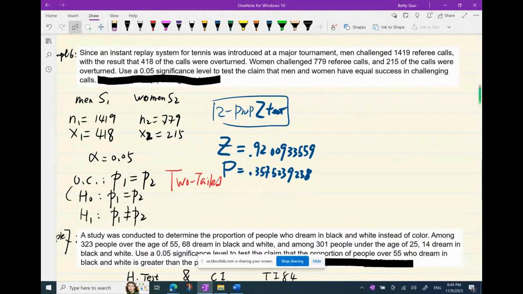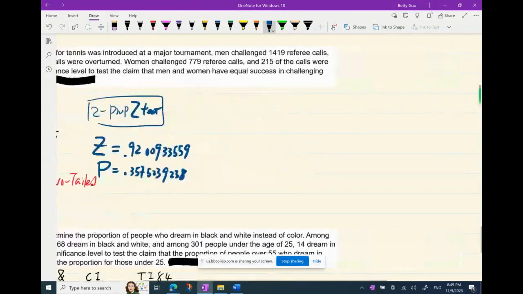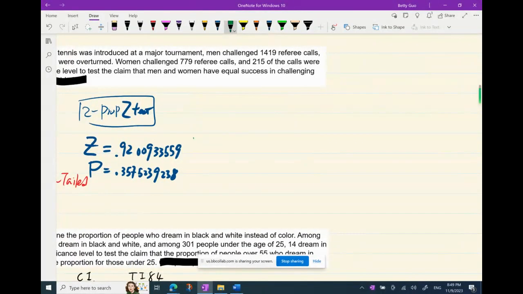Seriously, if you have the p-value and the significance level, why would we ever bother to use the critical value method? Unless the question actually asks us to find a critical value, right? But if you really need to find a critical value, do you know how?